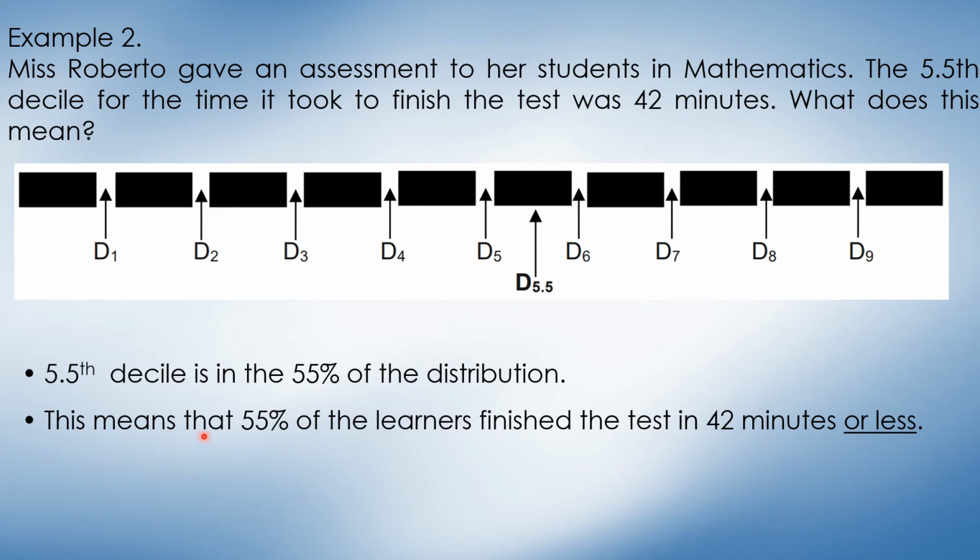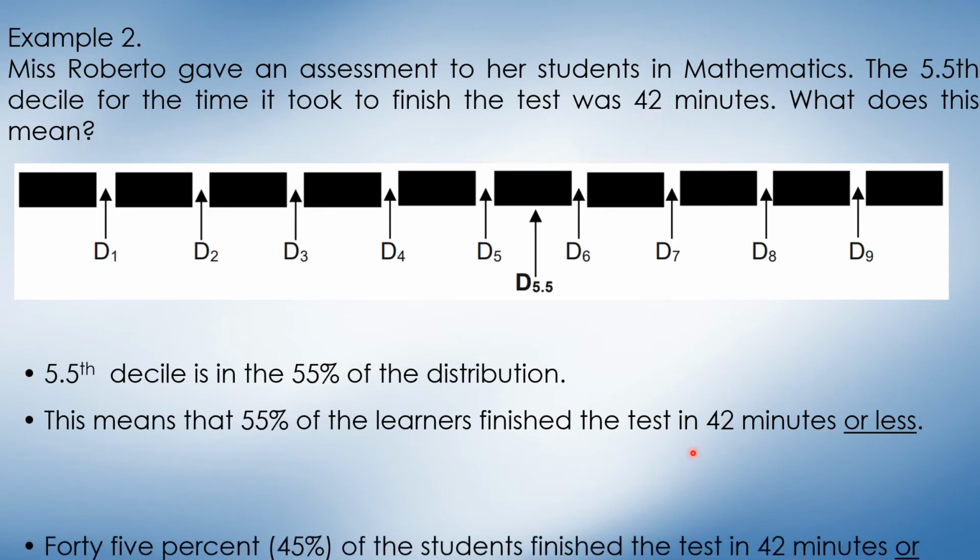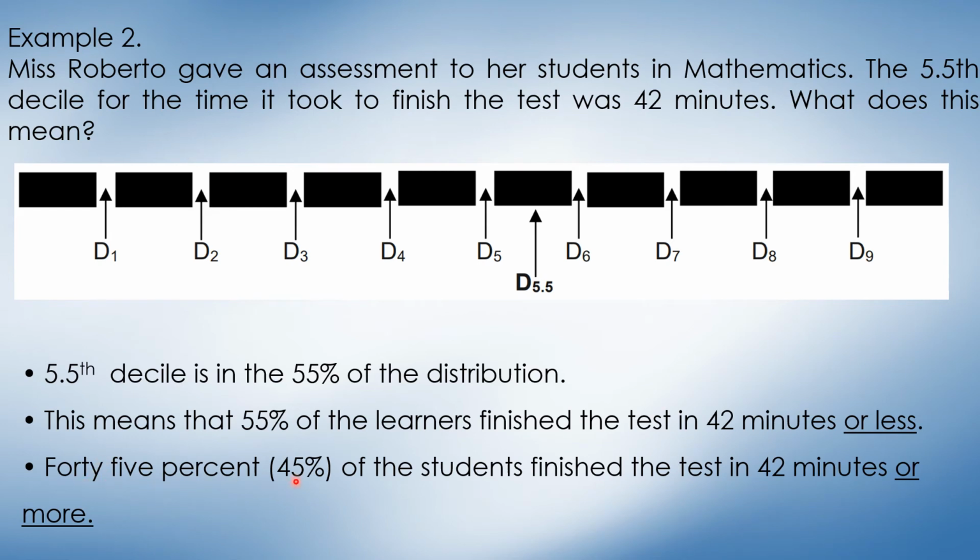This means that 55% of the learners finish the test in 42 minutes or less. 45% of the students finish the test in 42 minutes or more, since 100% minus 55% is 45%.